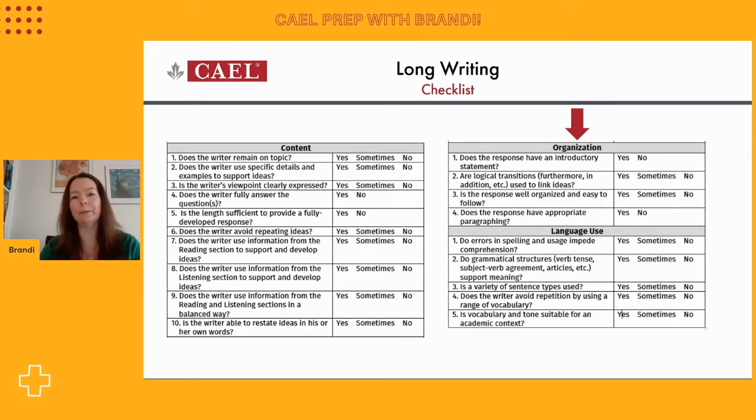We would, of course, in the writing portion, connect ideas together. But in this episode, we're focusing a lot on numbers 3 and 4 here from the organization section. We want to see how well our ideas can be organized into proper paragraph form. Because again, if we can't do that on the test, it will have a very negative impact on the score.